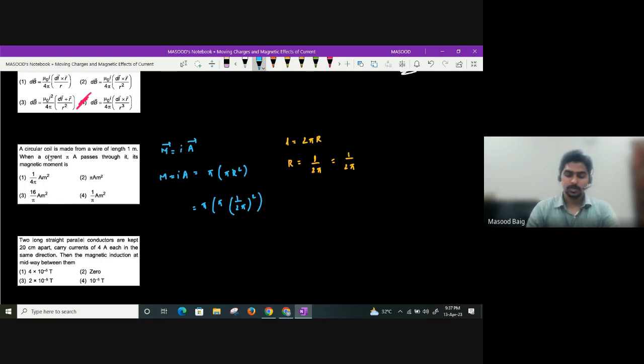A circular coil is made from a wire of length 1 meter. When a current pi ampere passes through it, what is its magnetic moment? So is it I into A only? Circular coil will have how much radius?